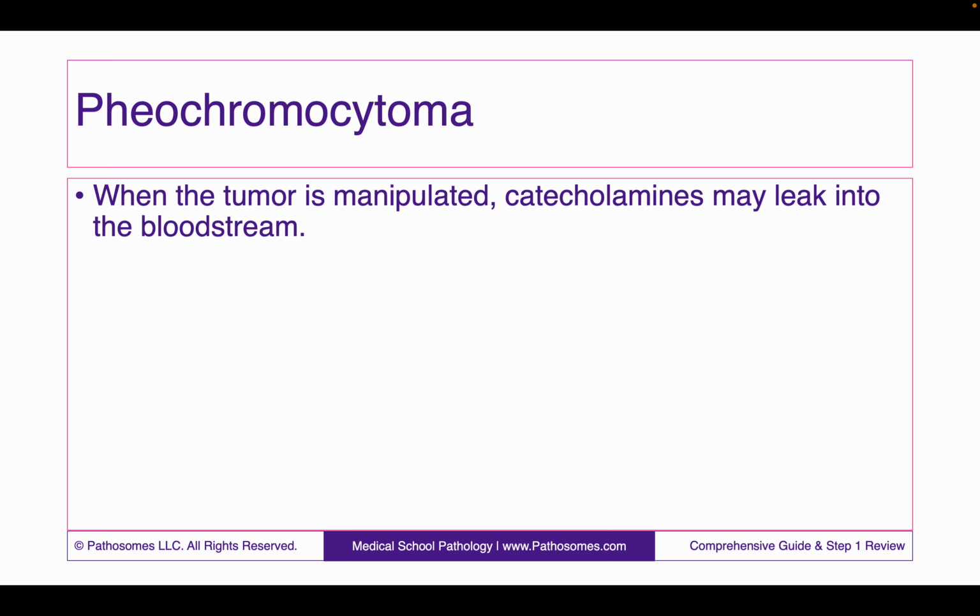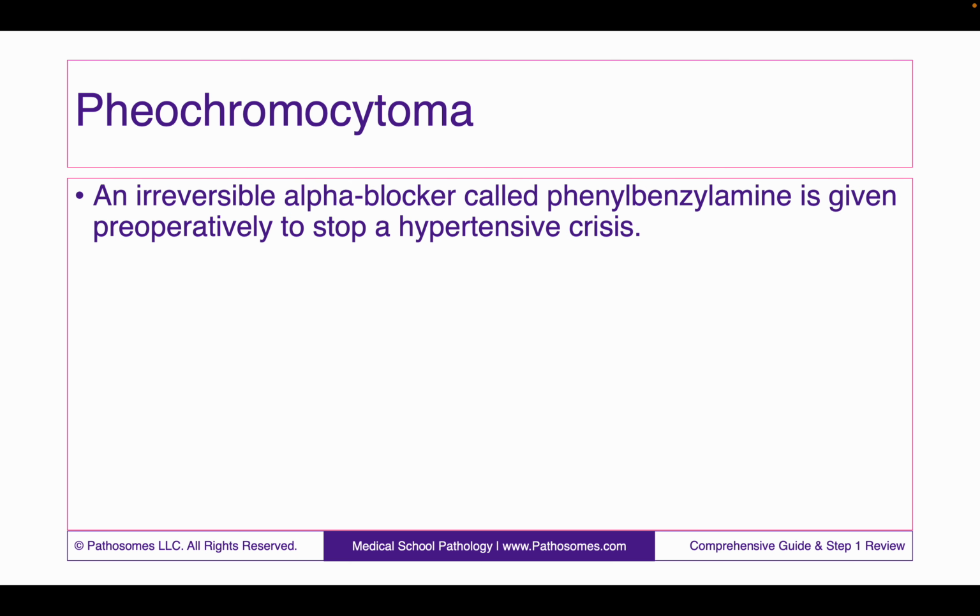When the tumor is manipulated, catecholamines may leak into the bloodstream. An irreversible alpha blocker called phenoxybenzamine is given preoperatively to stop a hypertensive crisis, right? This is a pre-treatment just in case there's leakage of those products.